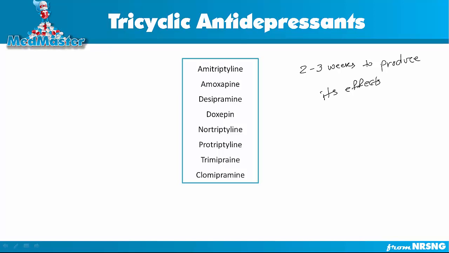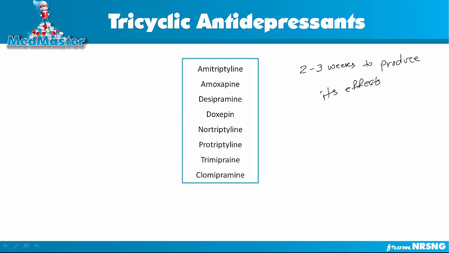So you have to wait at least 2 to 3 weeks in order to see improvements in the symptoms of depression. However, if you put a patient on a tricyclic antidepressant and it's not relieving their depression, then we definitely need to change the medication. We need to put them on either monoamine oxidase inhibitors or selective serotonin reuptake inhibitors.